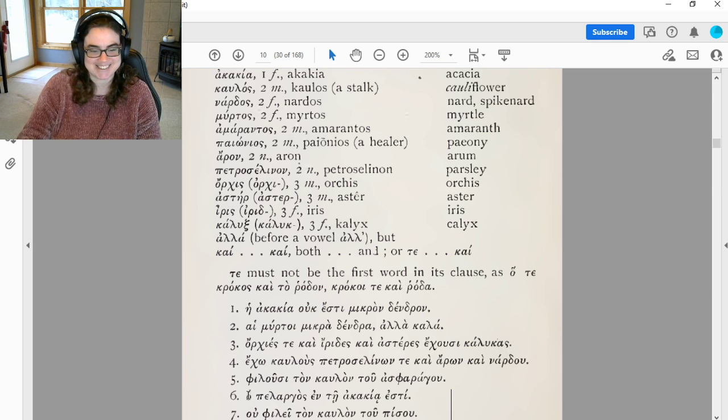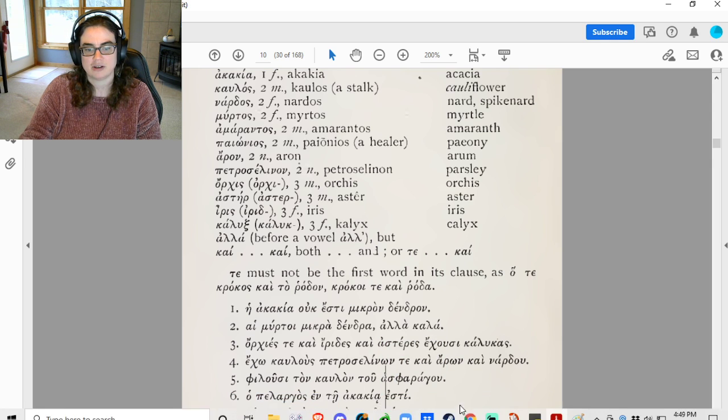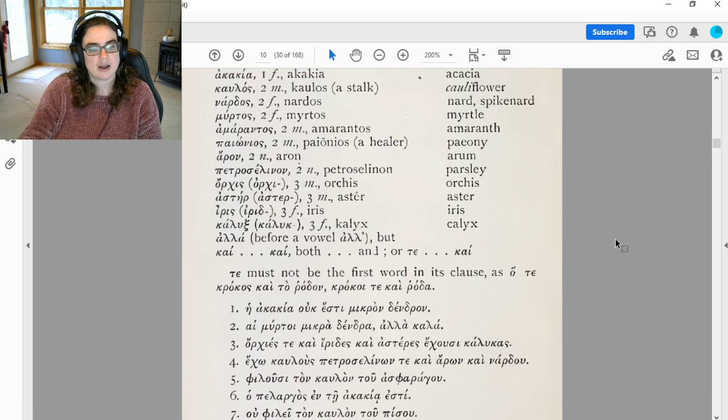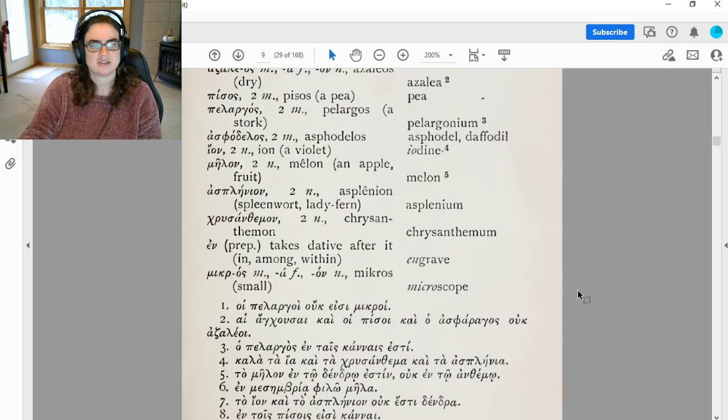Pile of chocolates. But ho pelargos en te akakiai esti. Oh yeah, I'm not supposed to pronounce the subscript iota there. That tiny I under the alpha. Not supposed to pronounce it. All right, so the pelican, was that pelargos?